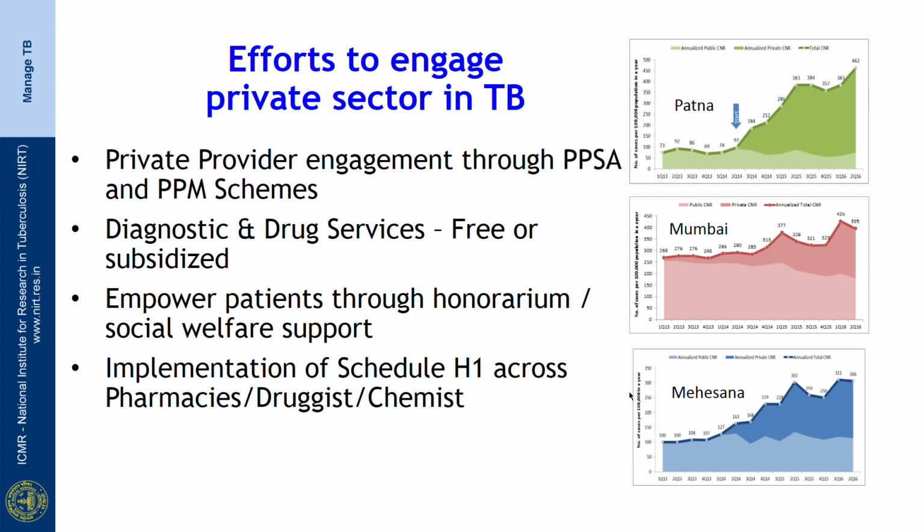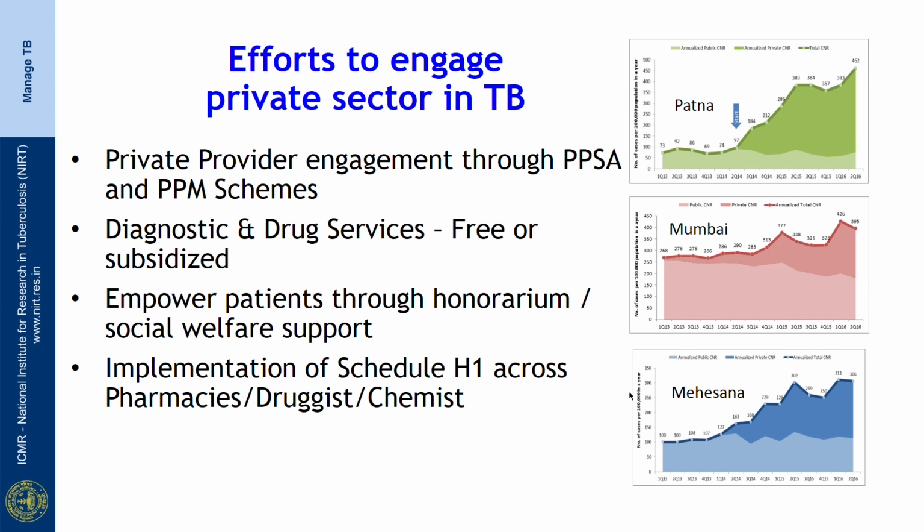The program has started monitoring and using this information to identify the private practitioner or the patient, and reach out to provide them services and incentives, like the financial support or social welfare support required for that patient.